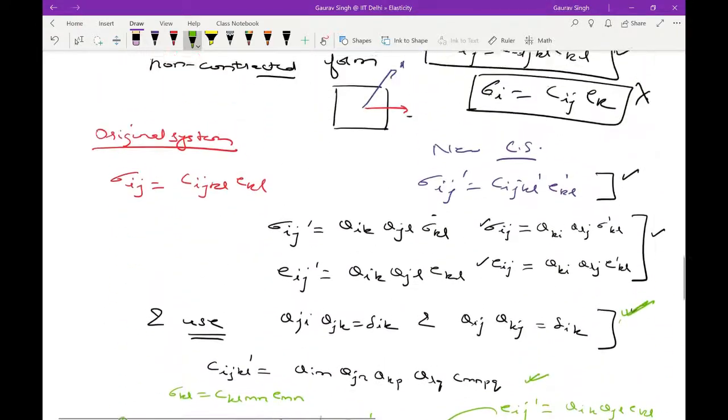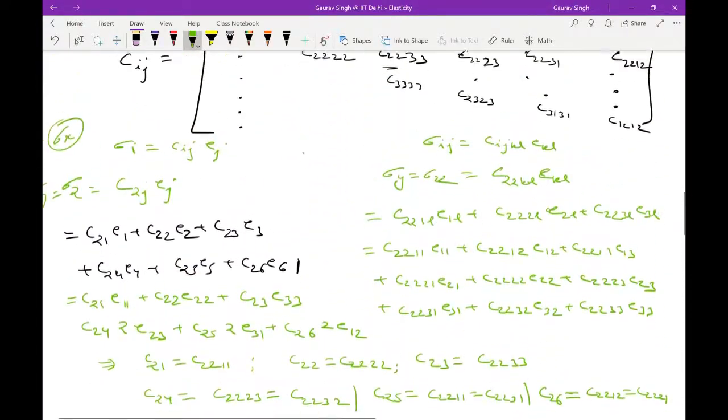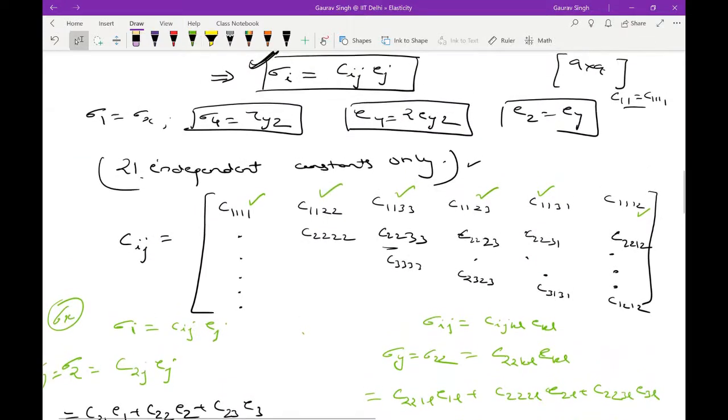So let's pick out a C which has the index 3 appearing an odd number of times. This cannot be, because here it's appearing twice. This can be, and this cannot be, because it appears twice.